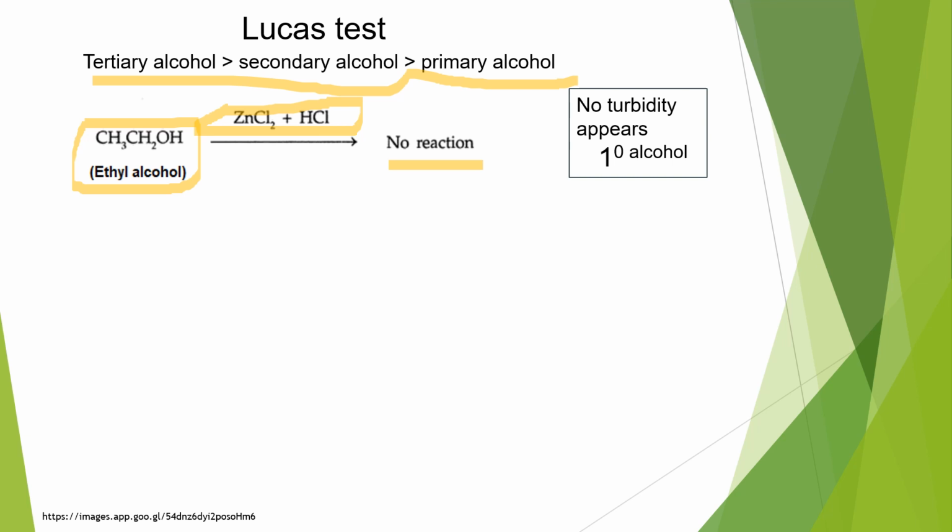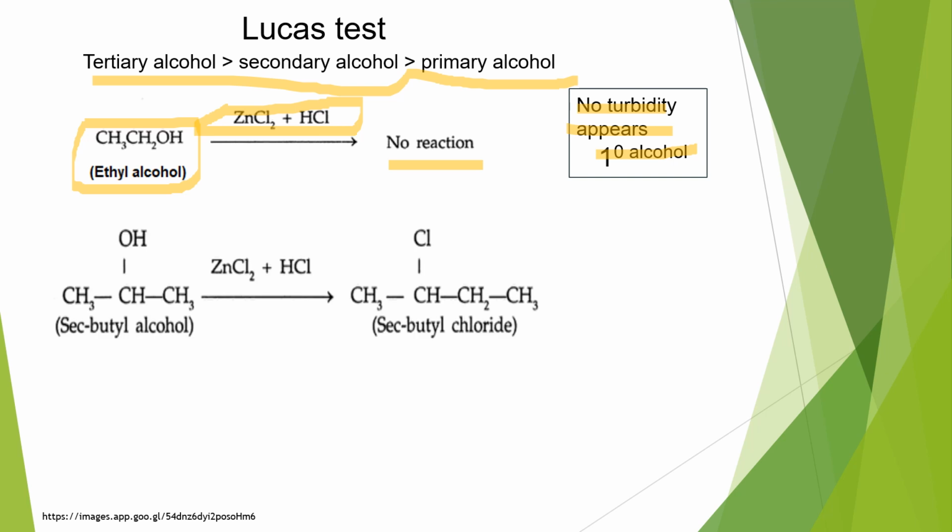Because it's a chloroalkane, turbidity has to appear if the product was formed. So no reaction at room temperature indicates it's a primary alcohol. Okay, because primary alcohol is the one which is least reactive with the Lucas reagent at room temperature. Hence, no turbidity appears, which indicates the given alcohol is a primary alcohol.